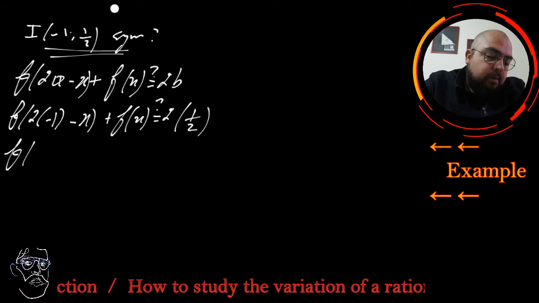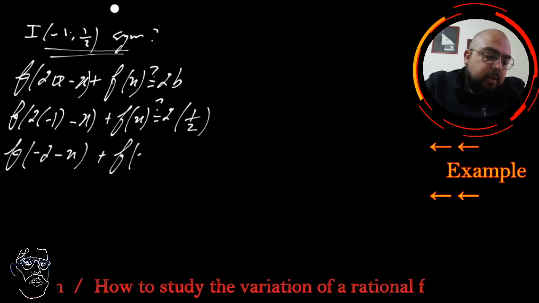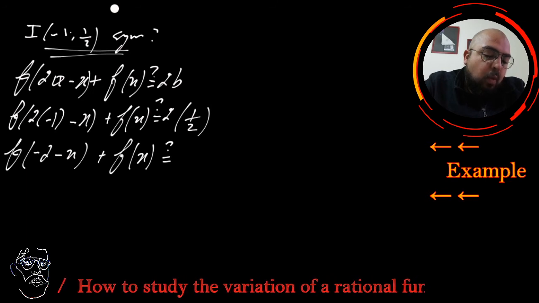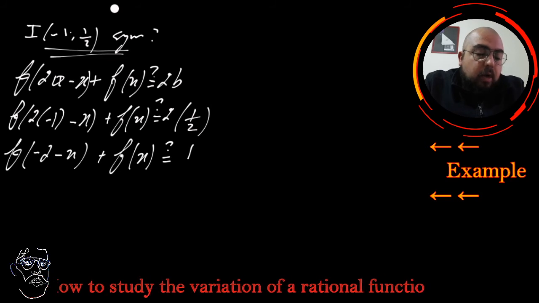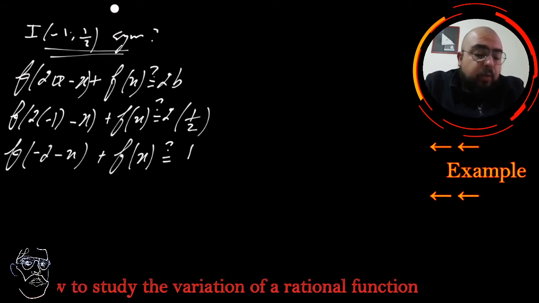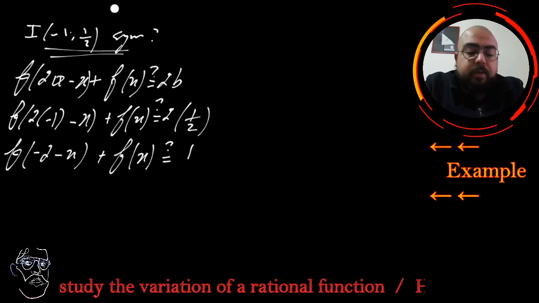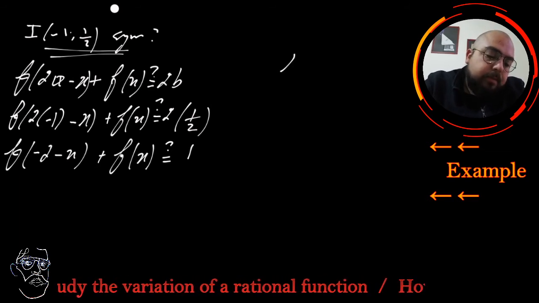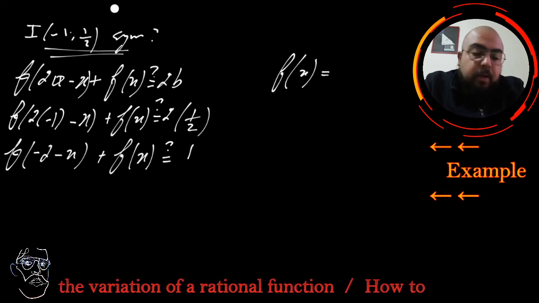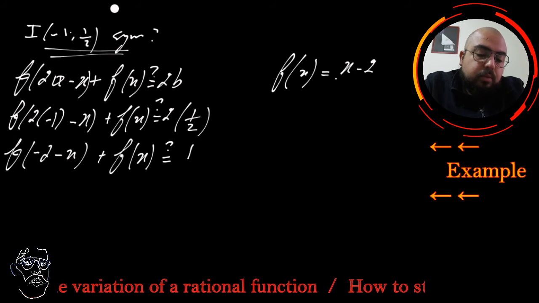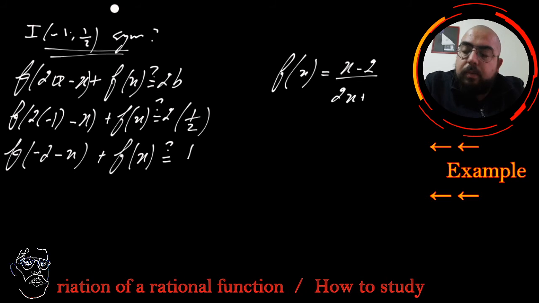So f of minus 2 minus x plus f of x, is it equal to 1? So f of minus 2 minus x means that whenever you have x in your function, you will have to replace it by minus 2 minus x. My function was x minus 2 over 2x plus 2.